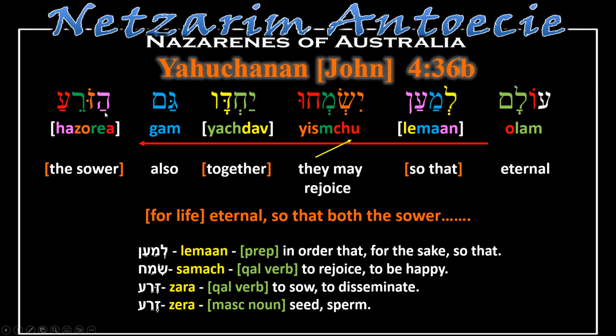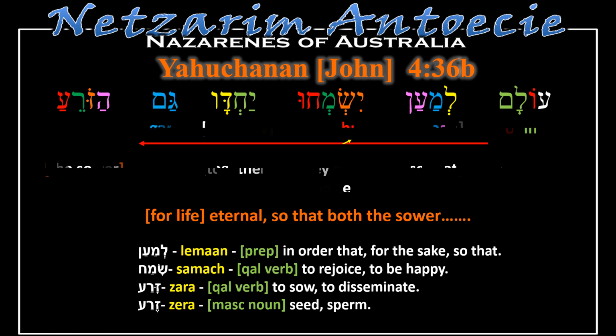Well, because this has got a hey in front of it, it means the. And you could say the sower, or you could say the one sowing, because it looks like Zoreah, looks more like a participle form. So for life, that's from the previous, eternal, so that both the sower, and now we can read it.